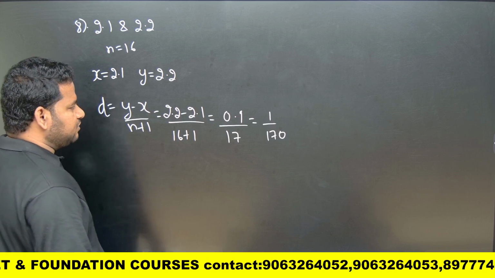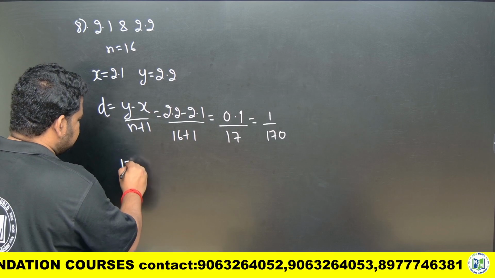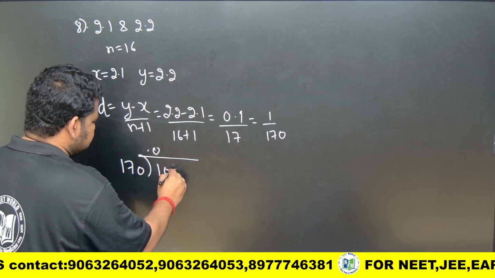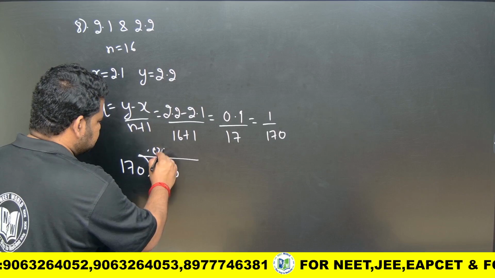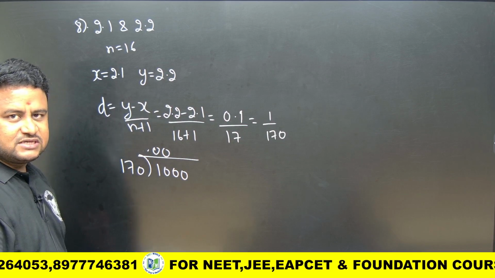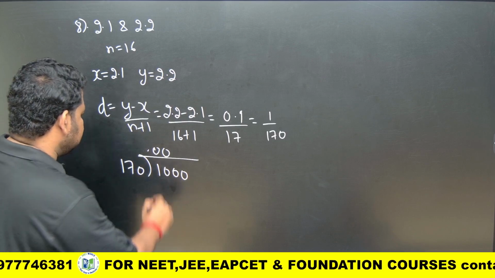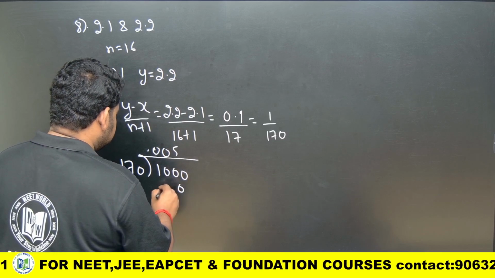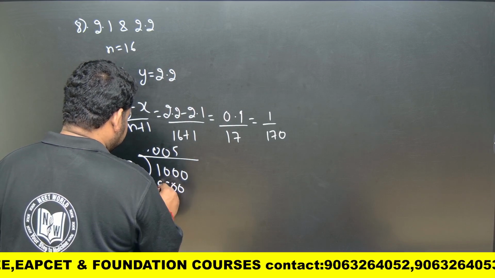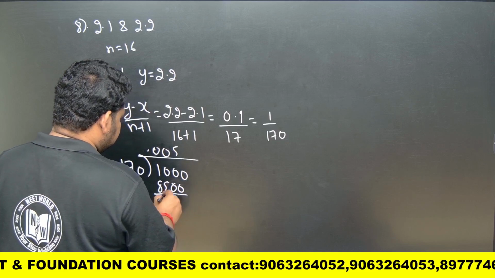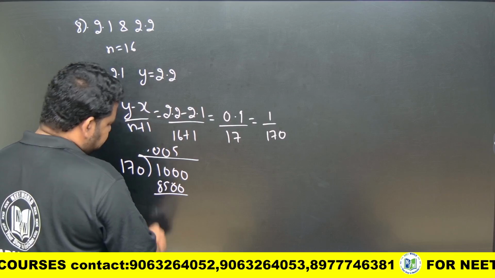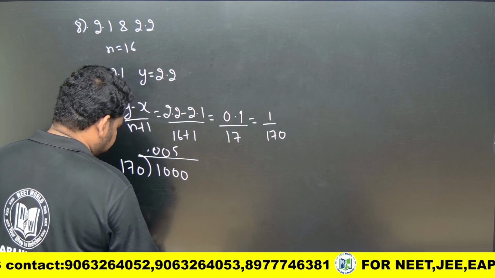What is the value of 1 by 170? If I divide this, what will I get, friends? I will put 0, another 0, and one more 0. 17 5s are 85, so this will be 850.